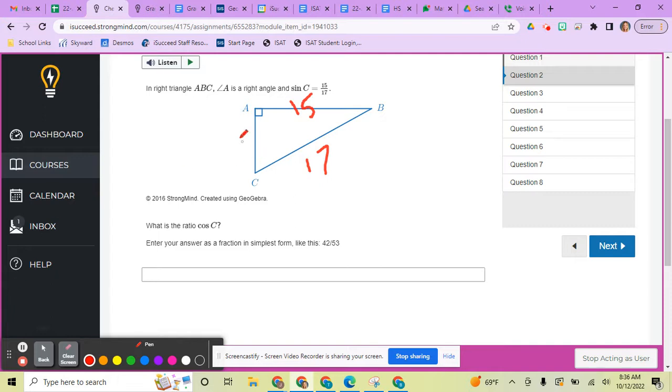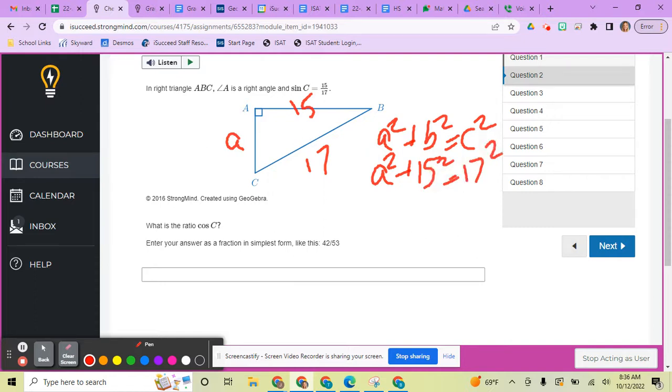So we can find this other side right here using the Pythagorean theorem because we know that a squared plus b squared equals c squared. So if we call this one a over here, we'll go a squared plus 15 squared equals 17 squared. So that would be a squared plus 225 equals 17 squared.